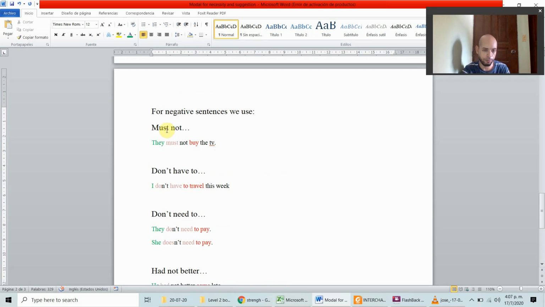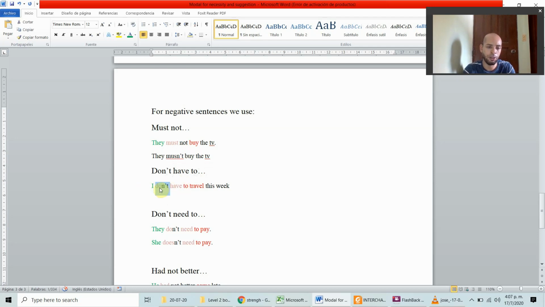So we can also write the short form of each modal. For example, you can say they mustn't buy the TV in the case of must not. In this case, you don't have to use contractions.